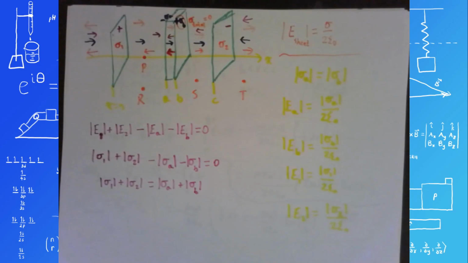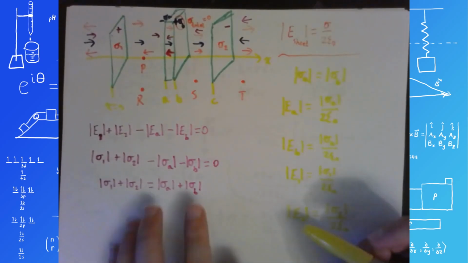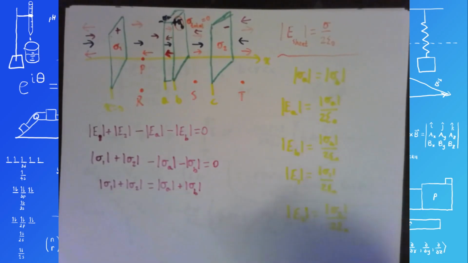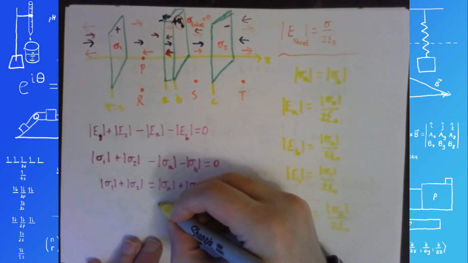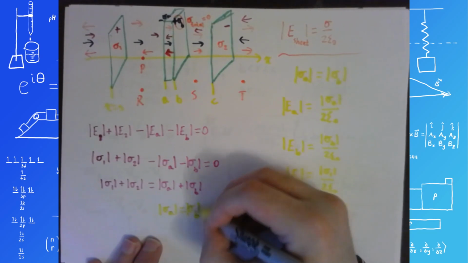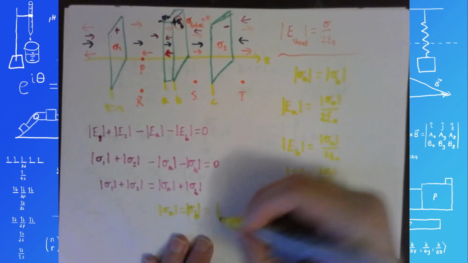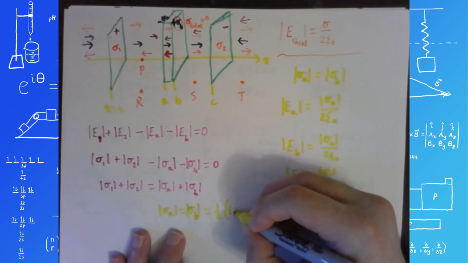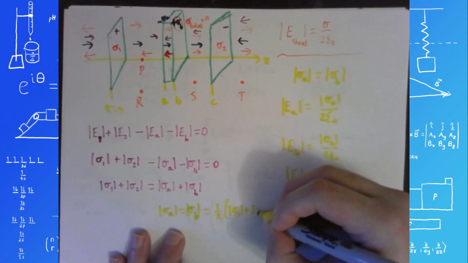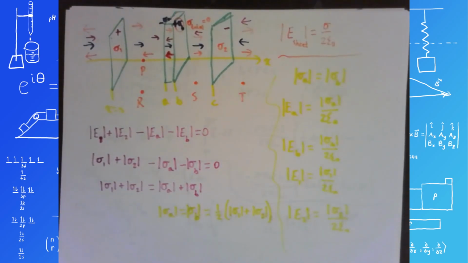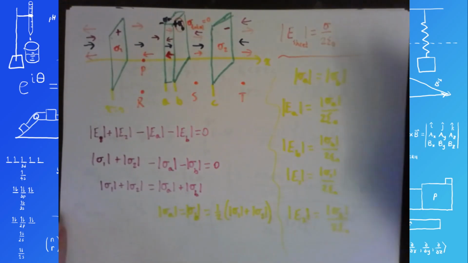Well, sigma A and sigma B have the same magnitude, so actually I could just replace this with 2 absolute value of sigma A or 2 absolute value of sigma B. And that would give you the magnitude of sigma A equals the magnitude of sigma B equals 1/2 of this sum: 1/2 of the magnitude of sigma 1 plus the magnitude of sigma 2. So that's just for the sake of the math.